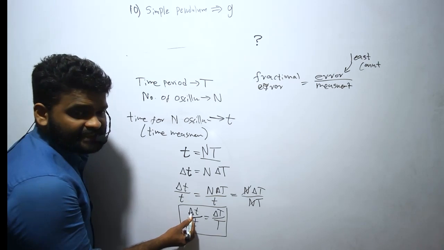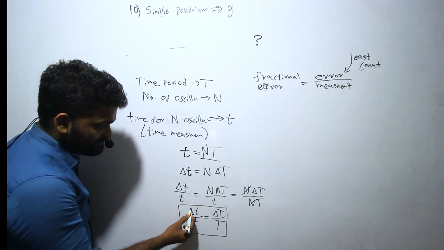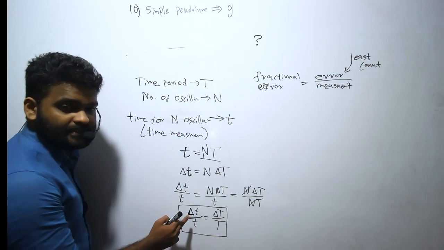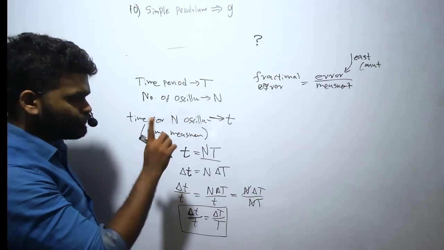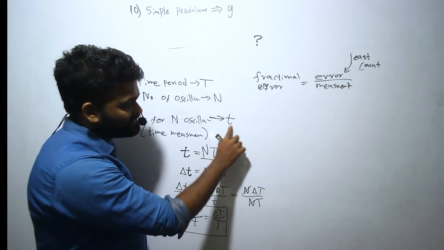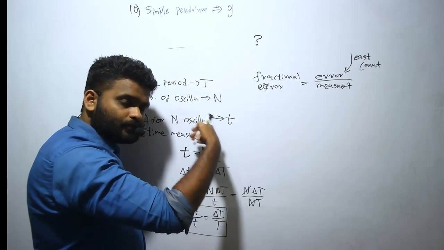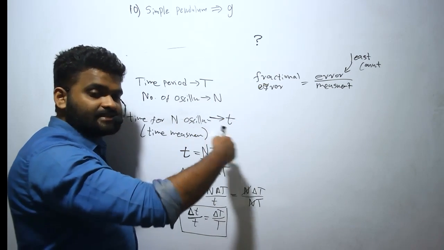So what is delta t divided by t? Delta t over t means the fractional error of the simple t measurement. You have to understand these are two different things, right? Simple t means the time for 25 oscillations, so that is a different measurement.